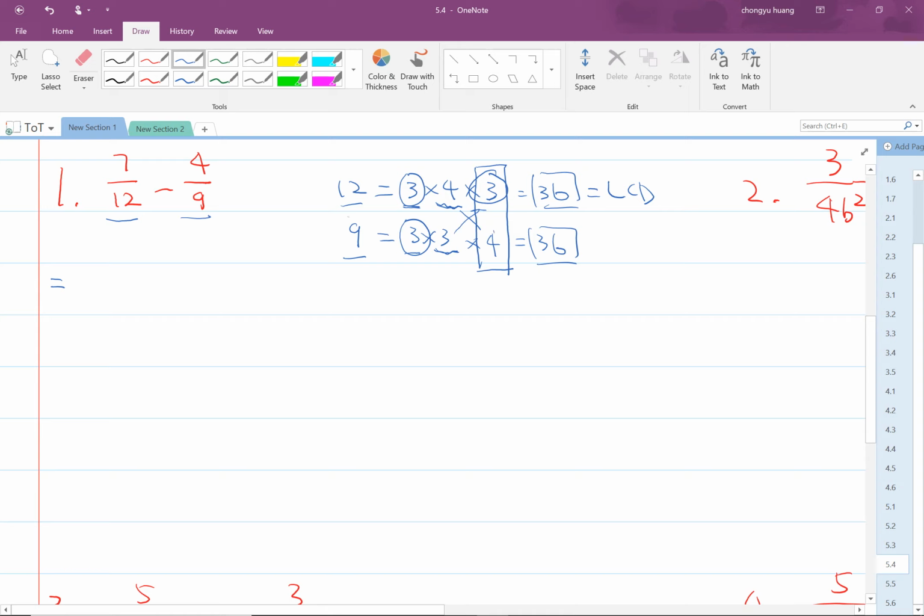And then we multiply another 4 on 9, right? So make sure you keep that in mind. So what we have to do over here is multiply 3 over 3, and on the 9 side we multiply 4 over 4.